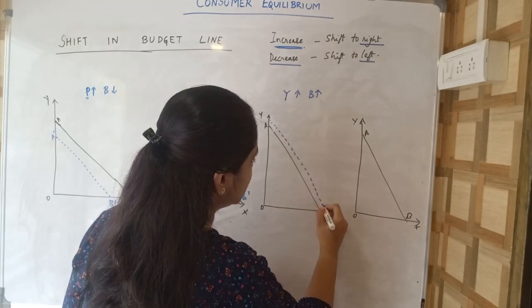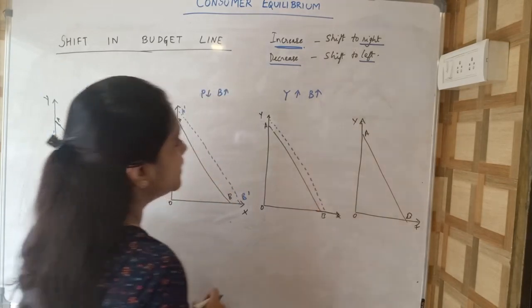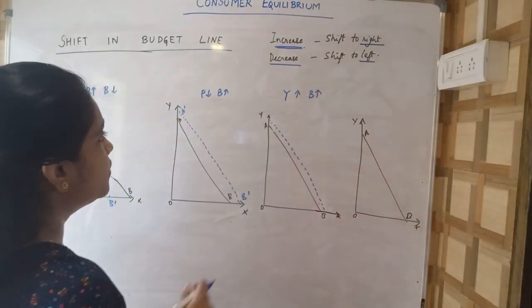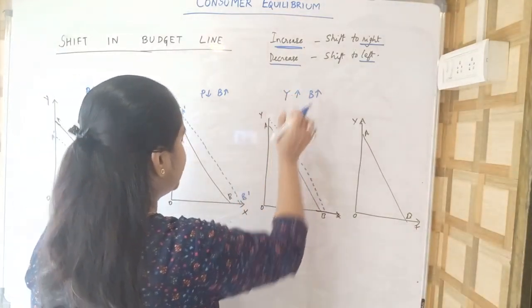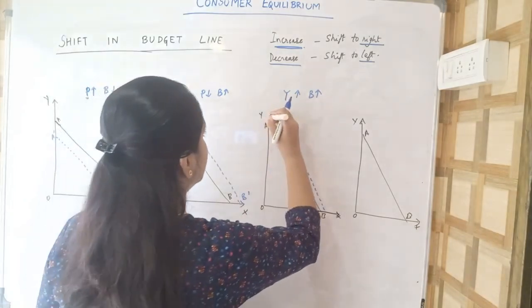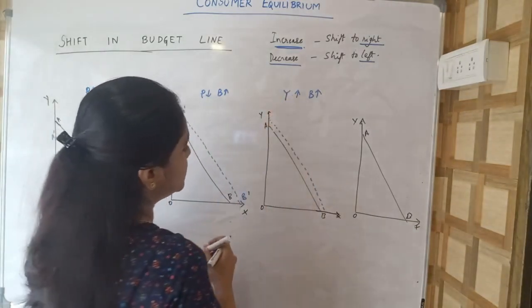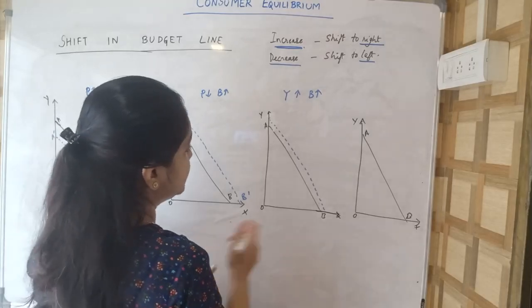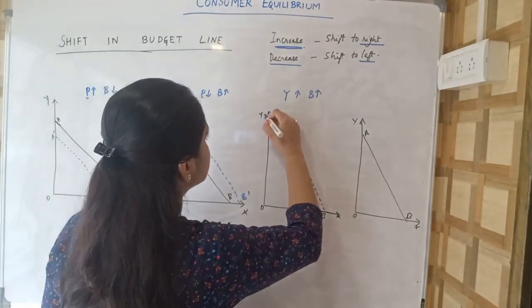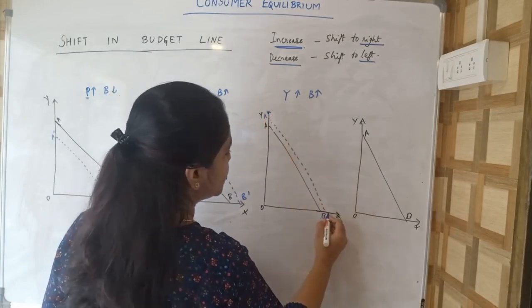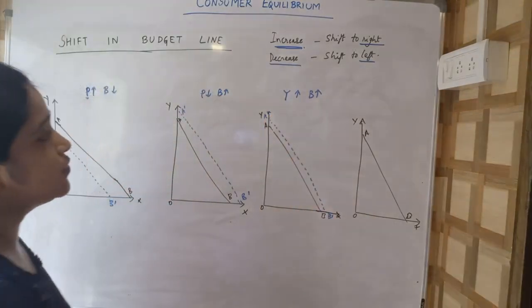Okay, if you are not marking the x-axis and y-axis, then marks get deducted. So make sure that you are marking the axis in the exam. So this is a case of increase in income. So A dash, B dash, budget line shifts to the right hand side.